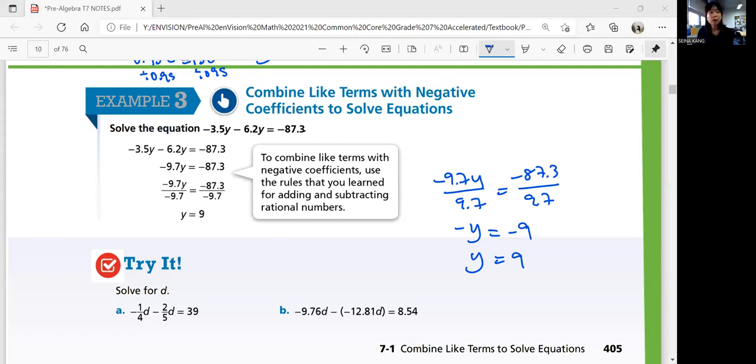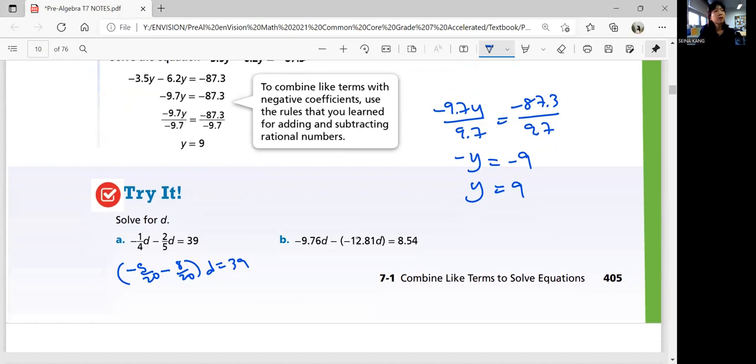Part A, negative 1 over 4D minus 2 over 5D is equal to 39. They're like terms, so you need to add them, right? You multiply to 20, so negative 5 over 20 minus 8 over 20 D is equal to 39. And that's going to be negative 13 over 20D is equal to 39.